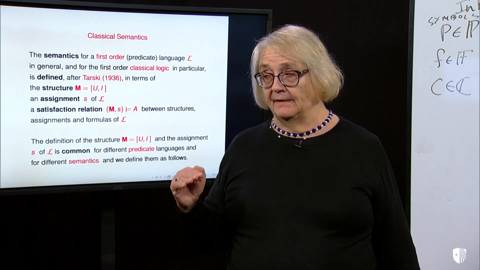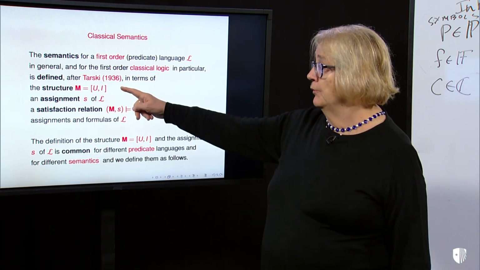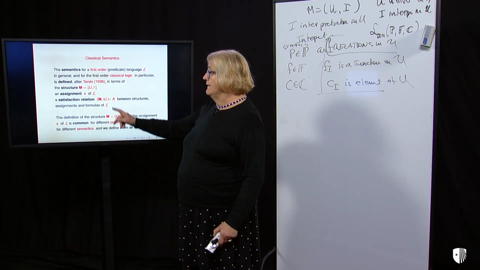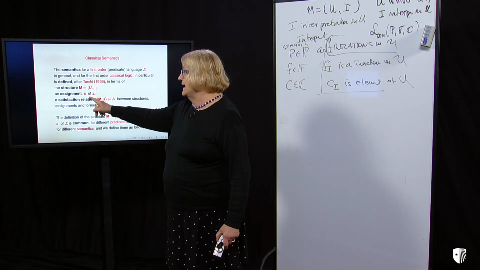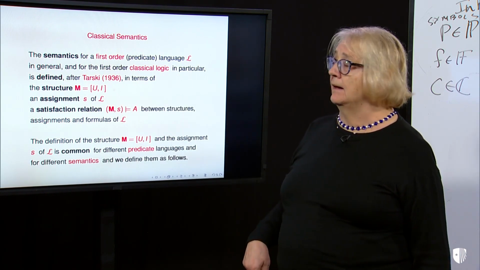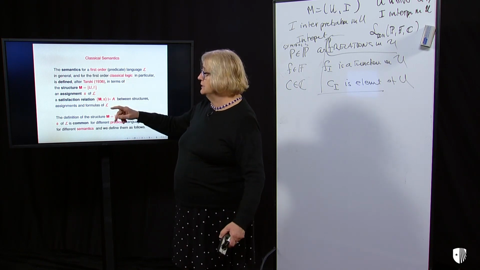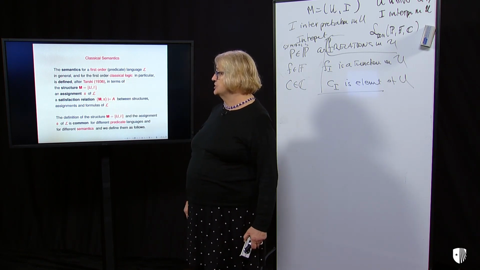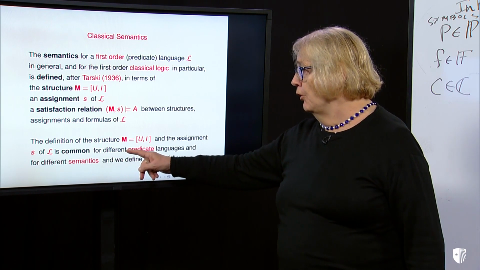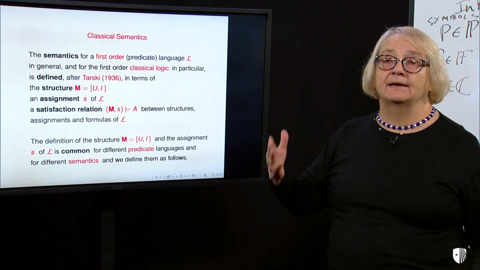So this kind of definition uses 3 points. We have a structure, we already have it, with interpretation. The second part is assignment s, I'm going to explain, and the satisfaction relation. So I already talked about the structure. Now we'll talk formally about it. The definition of the structure and the assignment s is common to different predicate languages, and for different semantics we define them as follows.